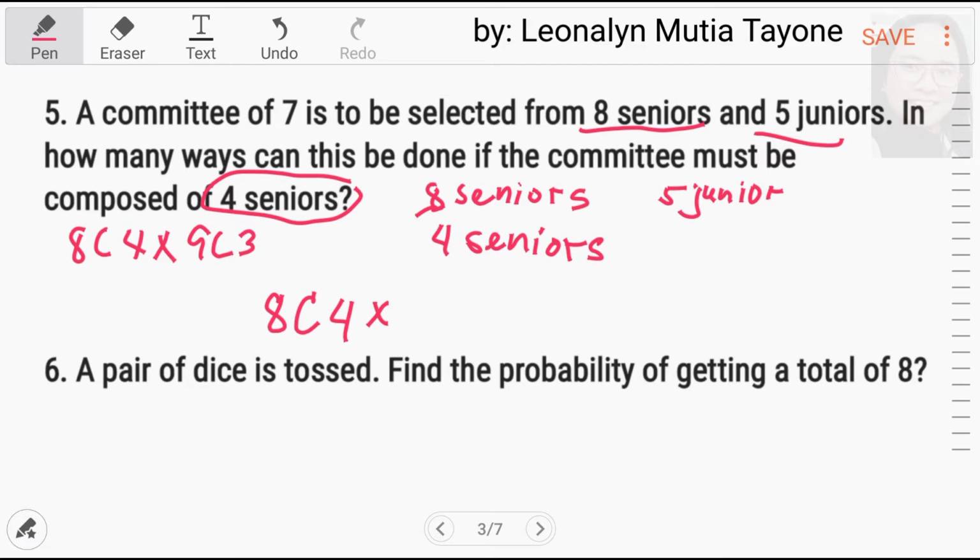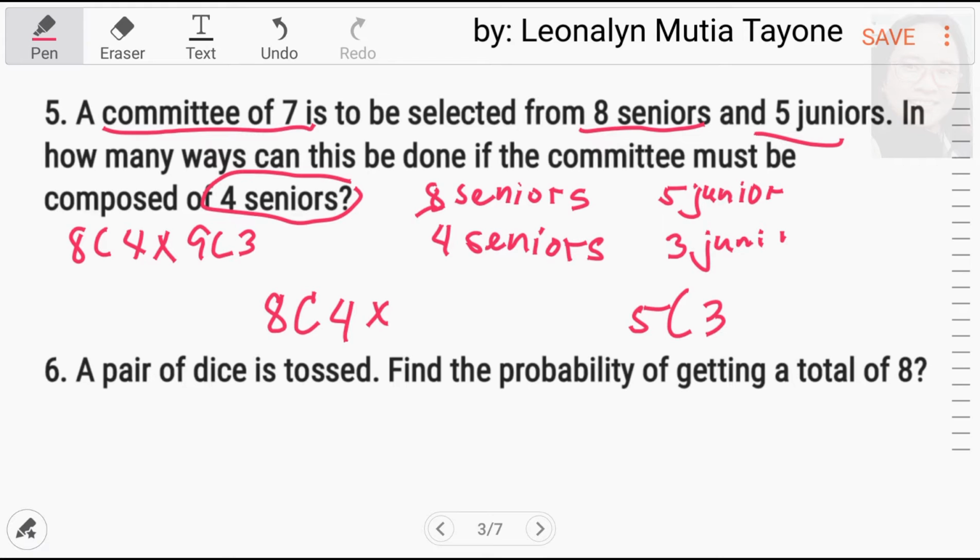Pero yung the rest, 7 committees man, yung 4 must be composed of 4 seniors. Sa 7, yung tatlong natira, hindi naman binanggit dito sa question na ito na yung tatlong natira must be composed of juniors. Kung sana ganun yung question na must be composed of juniors, so tatlong juniors dito, so dapat 5C3.